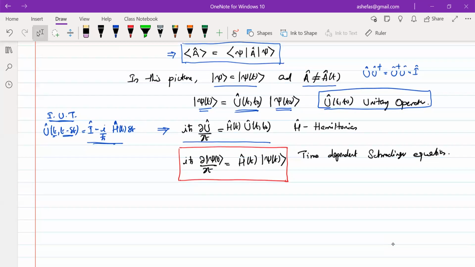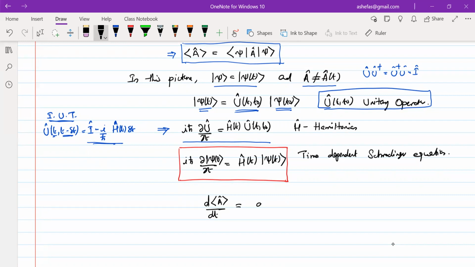Now let us see what the time evolution of the expectation value would be using this Schrodinger picture. We can find the first derivative of the expectation value of the operator.